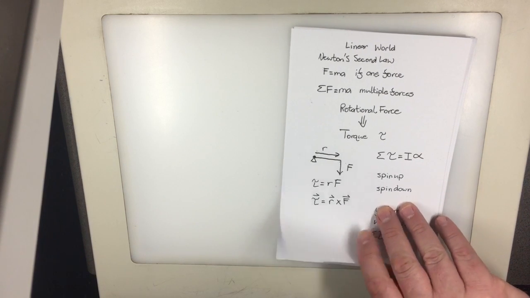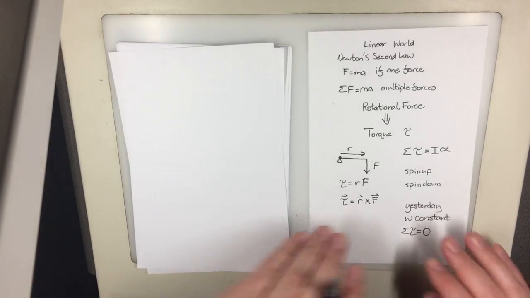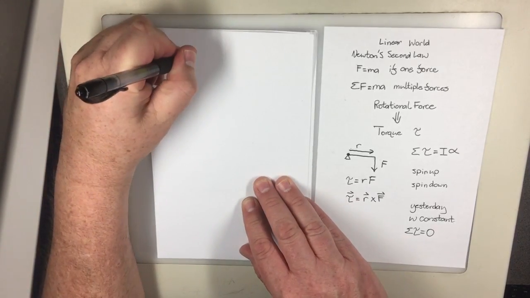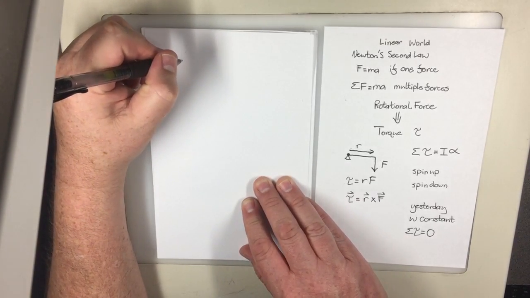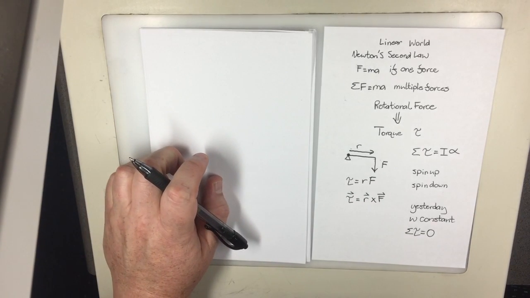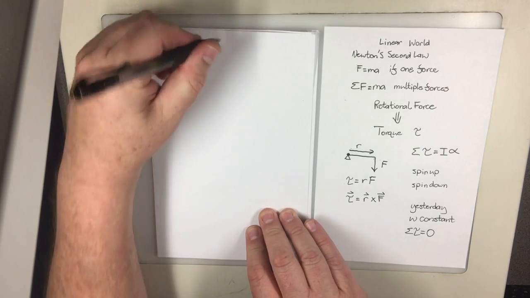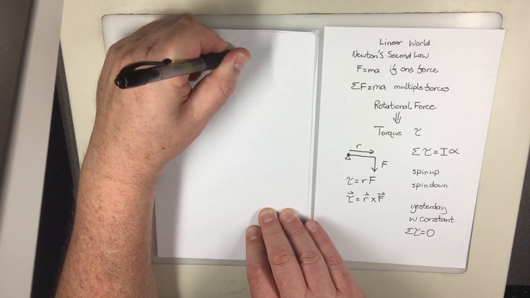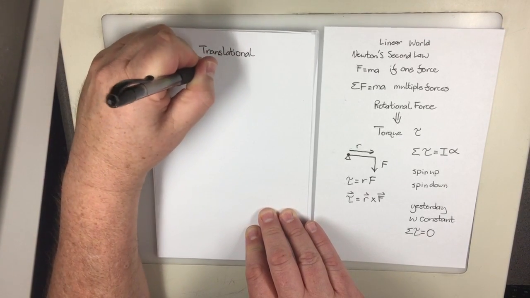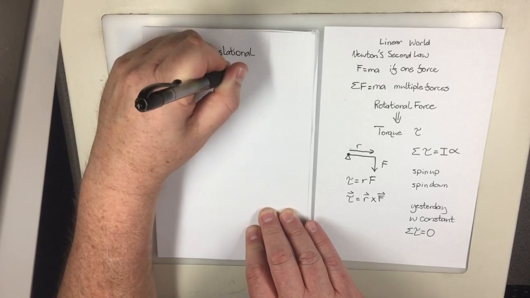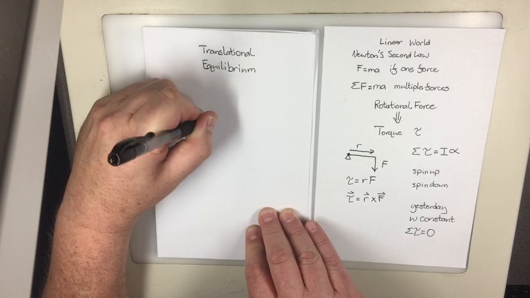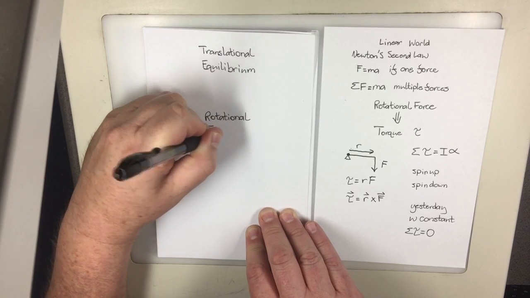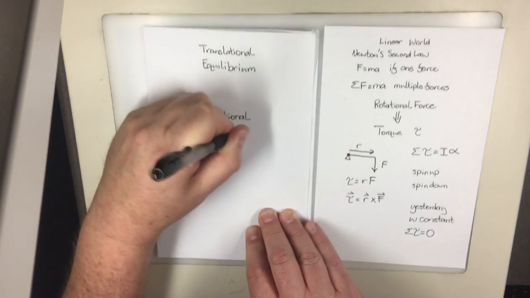Some of the two favorite phrases that I have, in addition to no friction, yay, no friction, are translational equilibrium and rotational equilibrium.